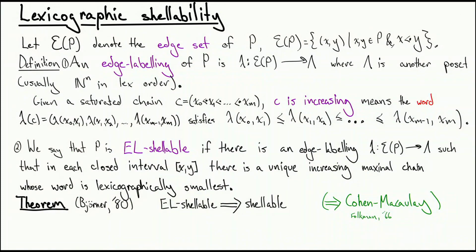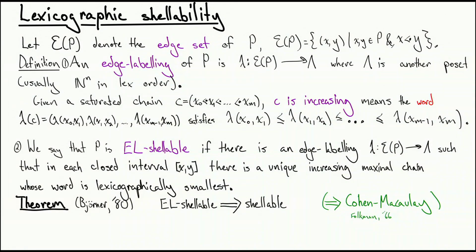In any case, let me define what this lexicographic shellability thing is. So you take the set of all edges in your poset. You've got these covering relations. And an edge labeling is just a map on those covering relations to another poset lambda, which most often you take to just be integers or natural numbers or some product of those with the total ordering of lexicographic ordering.